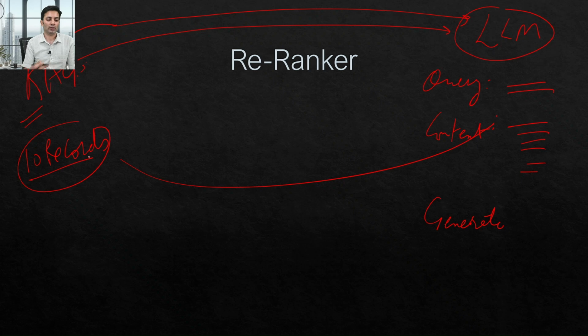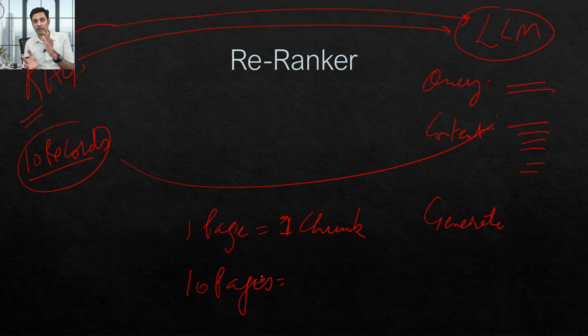But assuming one page is equal to one chunk, and 10 records means 10 pages, you're actually giving 10 pages of data to a large language model and asking it to give me the answer from this information.